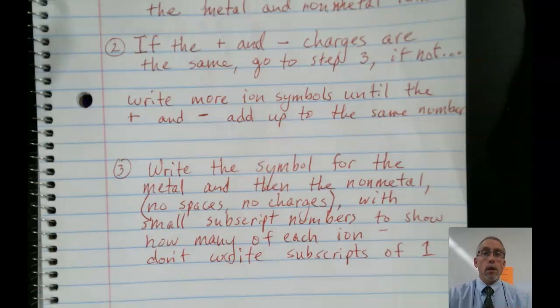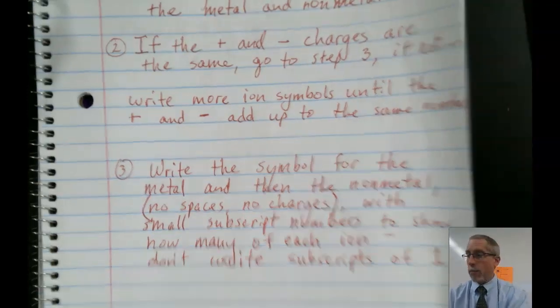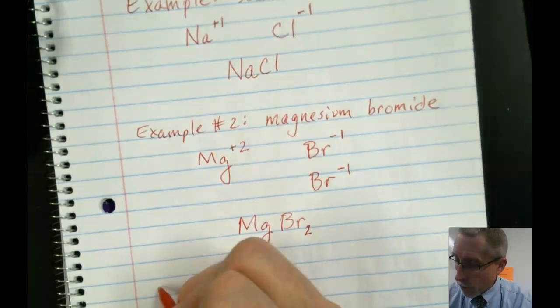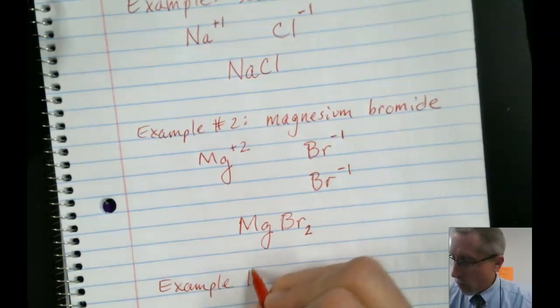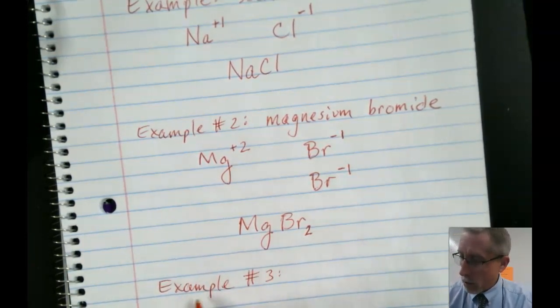All right, so let's look at a third example, and we just kind of put this all together. And I'm not going to flip back to this page now. Example number 3.